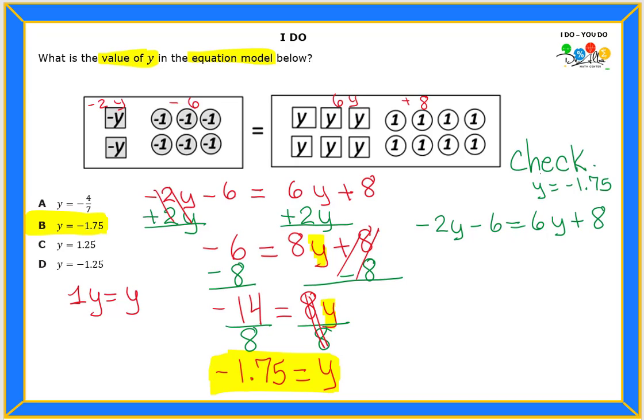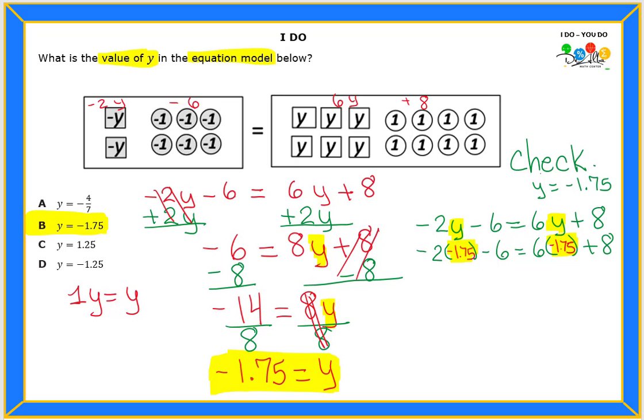And I'm going to rewrite it again, but I am going to write down parentheses where the y is, because the y will be replaced with -1.75 on both sides. Okay, so notice how here the y, and I wrote down what it is that I found the y equals to.